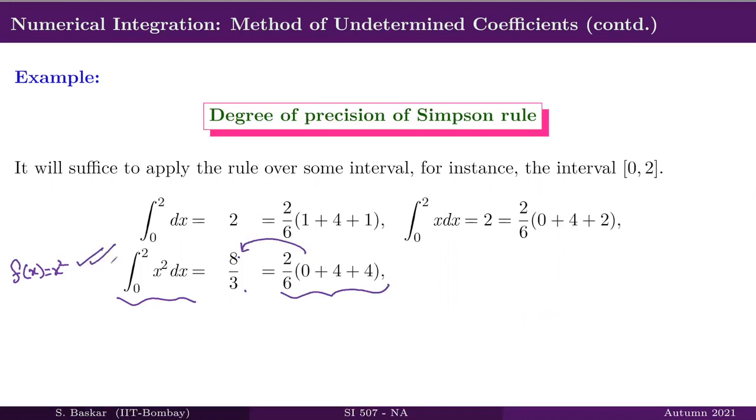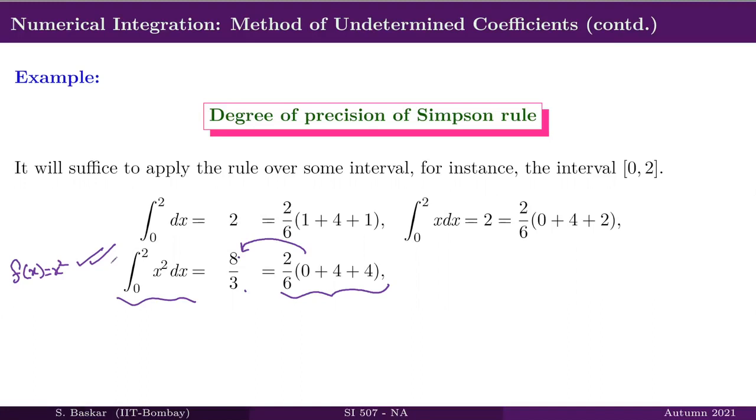Up to here, it is natural to expect, because while deriving the Simpson's rule itself, we have imposed the condition that the rule is exact for polynomials of degree less than or equal to 2. That is how we derived Simpson's rule from the method of undetermined coefficients.